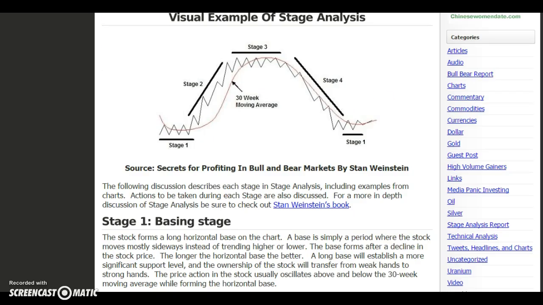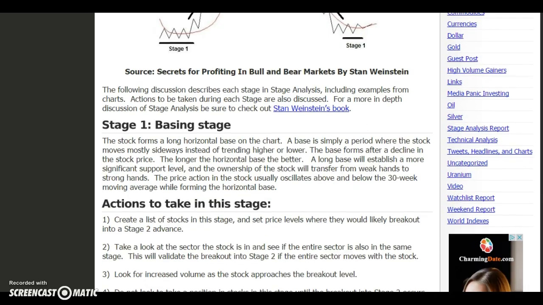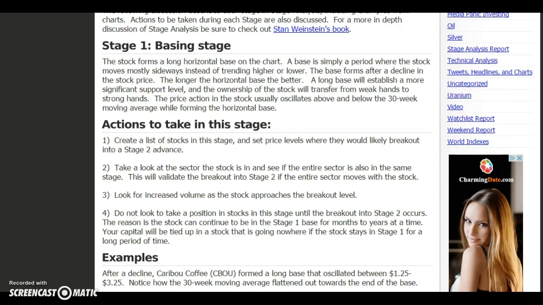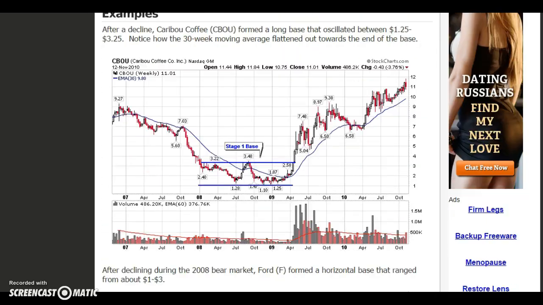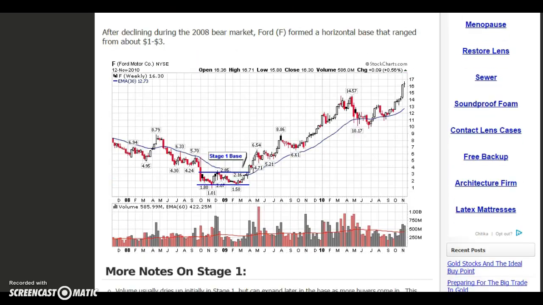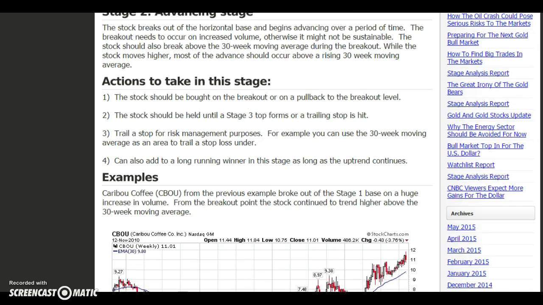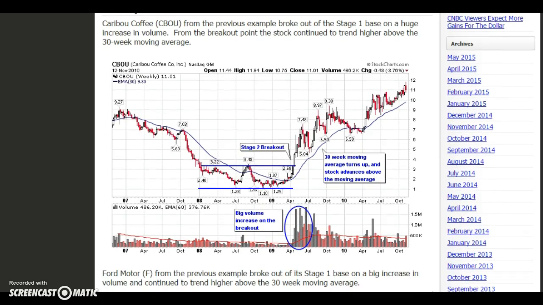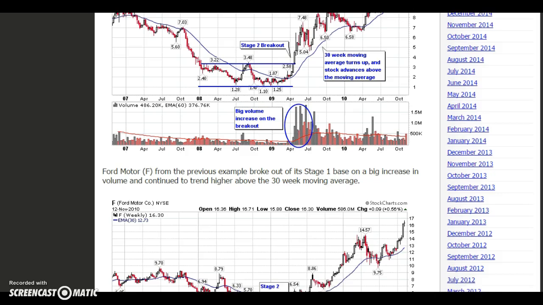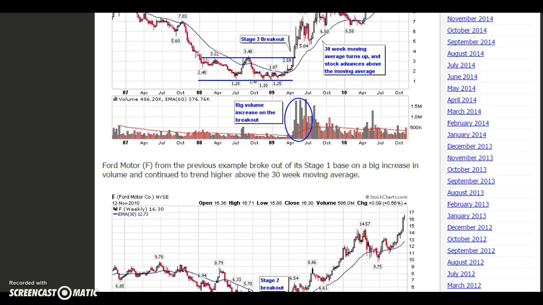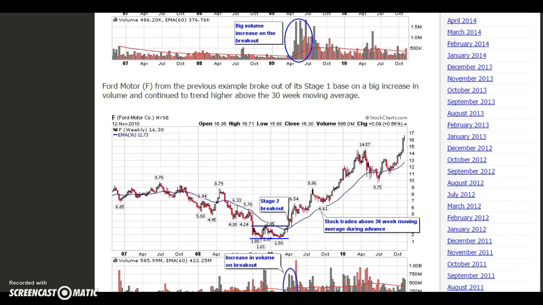So I encourage you to read my stage analysis page, and you can always reach out to me if you have questions or comments on the system itself. This is the system I've adopted to try to trade bull and bear markets. As I continue to learn and study market history, I want to continue to employ this system and refine it for my own trading purposes.